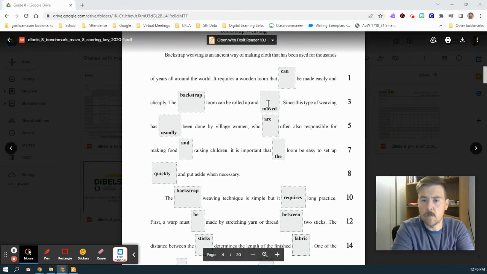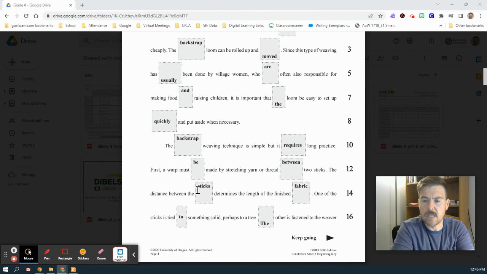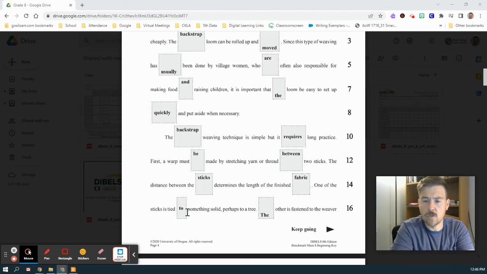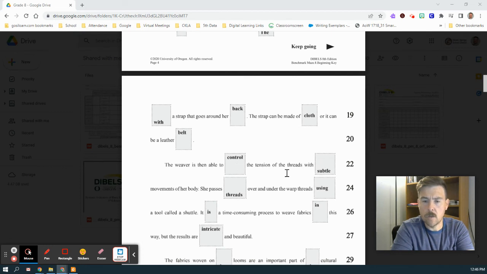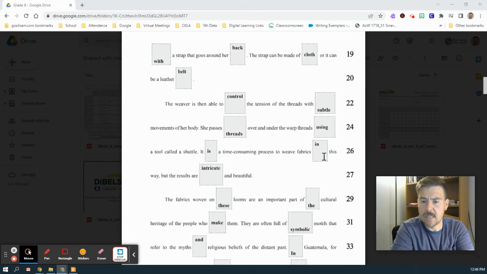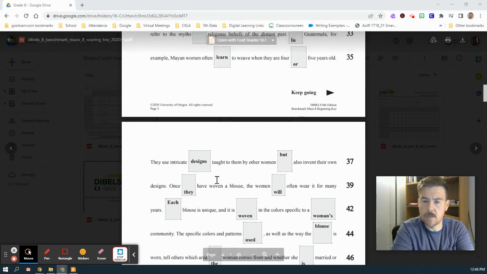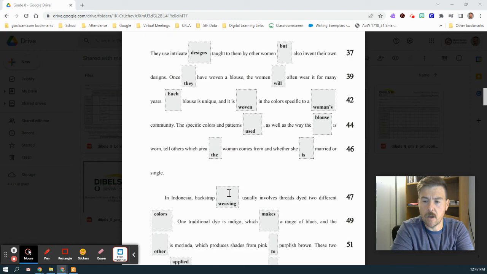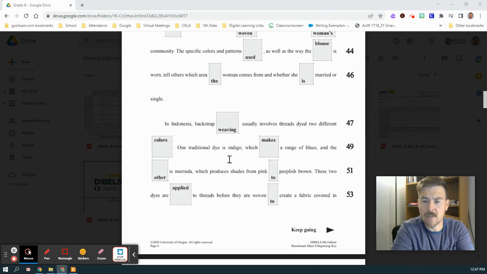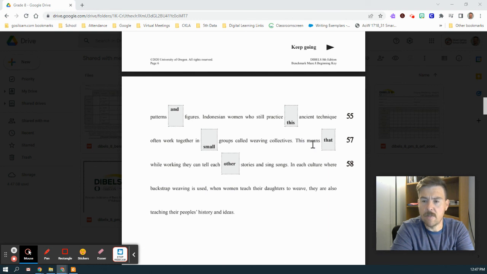Can, backstrap, moved, usually, are, and, the, quickly, backstrap, requires, be, between, sticks, fabric, to, the, with, back, cloth, belt, control, subtle, threads, using, is, in, intricate, these, the, make, symbolic, and, in, learn, or, designs, but, they, will, each, woven, woman's, used, blouse, the, is, weaving, colors, makes, other, to, applied, to, and, this, small, that, other.